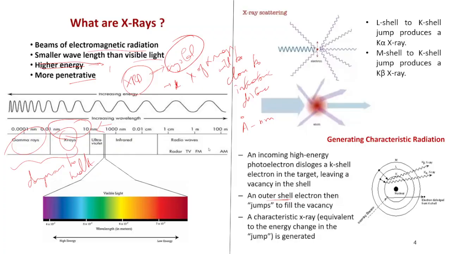In the last class we saw what X-rays are. They are nothing but electromagnetic radiation of very small wavelength. Since they have very small wavelength, they have very high energy, and since they have very high energy, they are very penetrative.